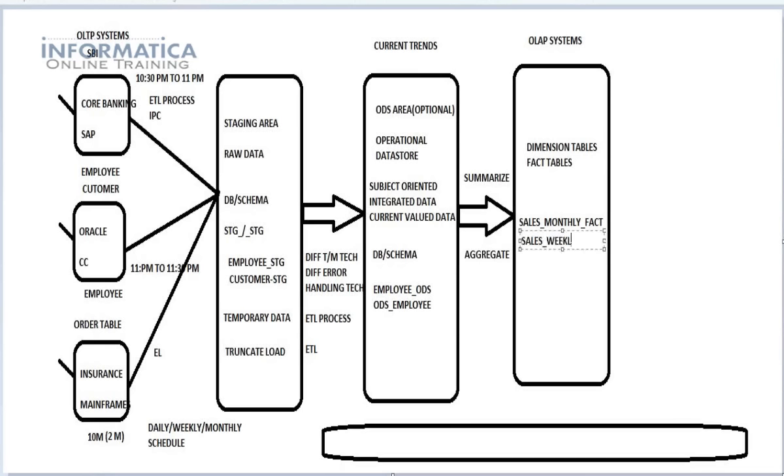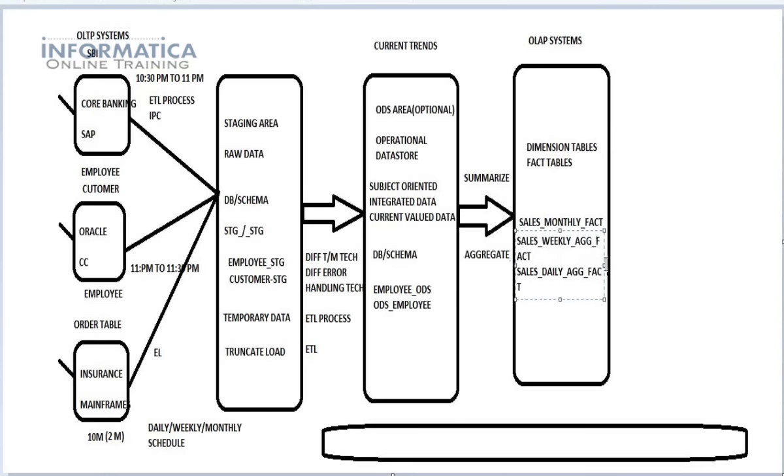Weekly sales fact, daily sales fact, monthly sales fact: you are summarizing into different levels, daily, monthly and weekly.